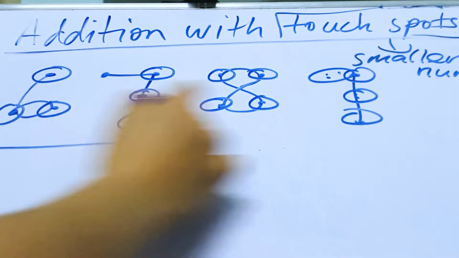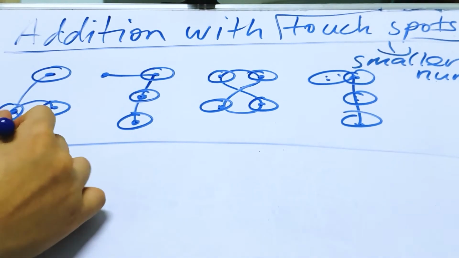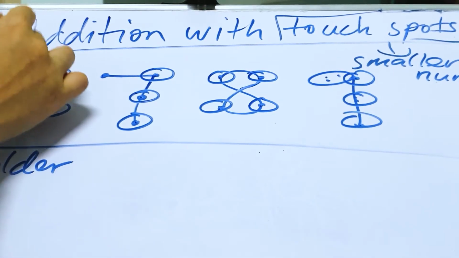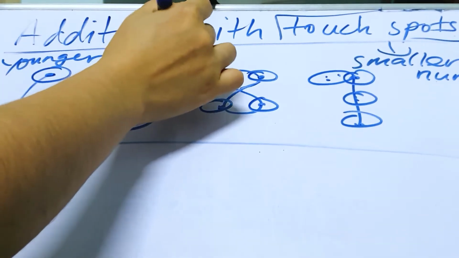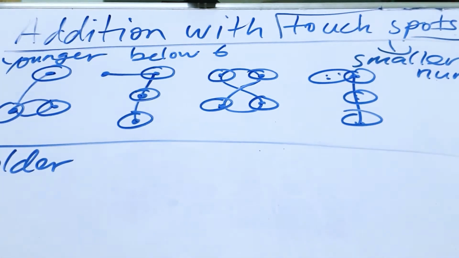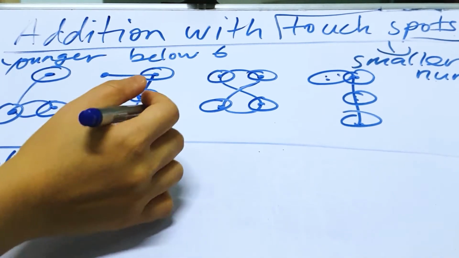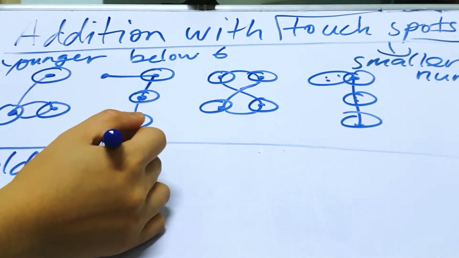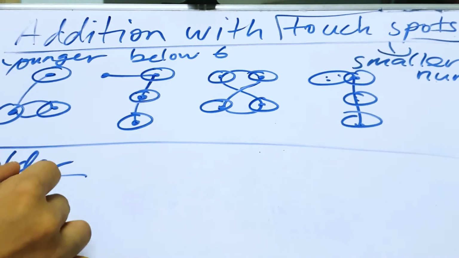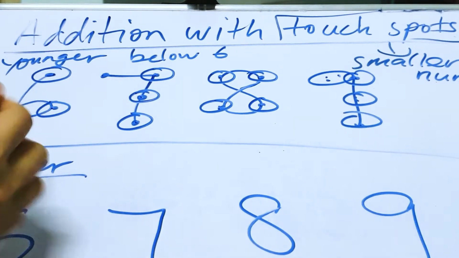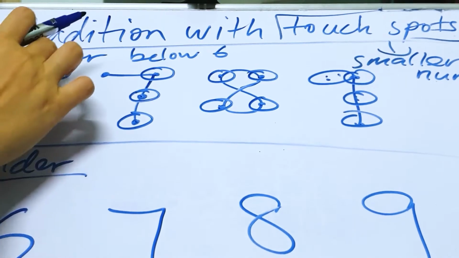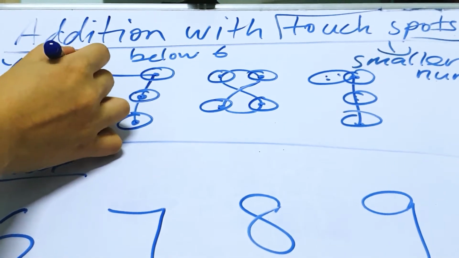Now for older children, this is for younger children below 6. For older children, 6 years and above, you can do like that, by using dots. There's 1 and this is 2.